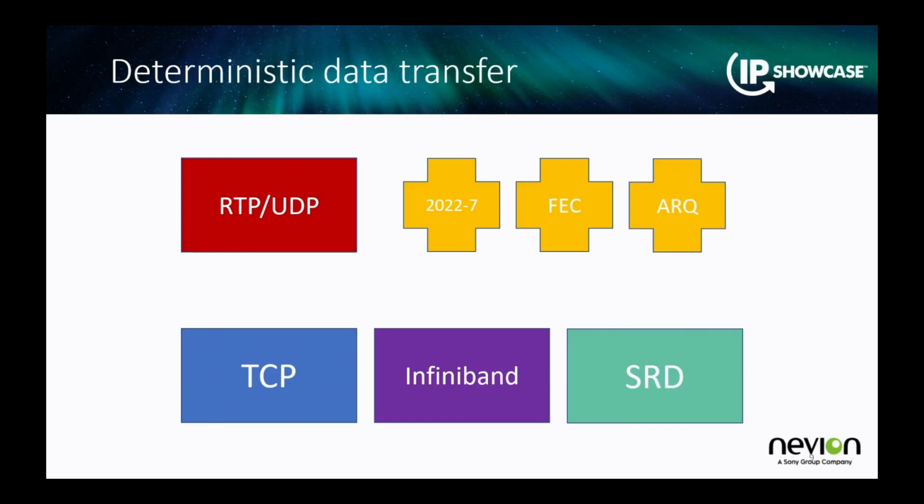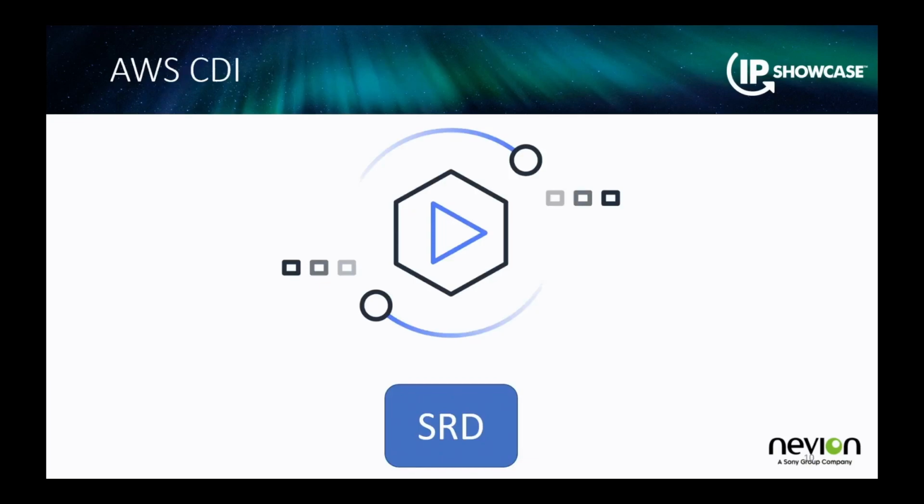So that's deterministic data transfer, and specifically calling out, as it's the obvious one, AWS a year and a half ago announced CDI, and that makes use of their SRD technology under the skin, which is a combination of multi-lane transport and many ARQ mechanisms happening below the scenes. But fundamentally, from the perspective of the end user, it means we have a guaranteed data transfer function, hopefully within a reasonable time-bound nature.